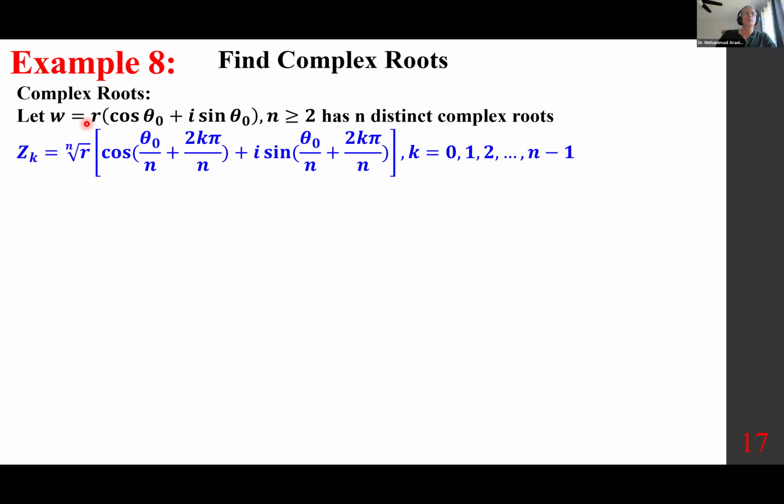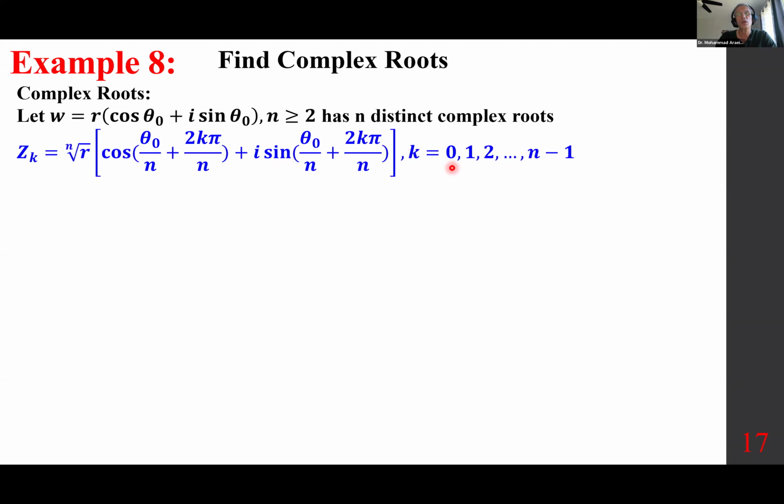We're going to let w be r cosine of theta 0 plus i sine of theta 0, and n is larger than or equal to 2, and we have n distinct complex roots. So z sub k, which is the kth root, is the nth root of r, and we are going to write cosine of theta 0 divided by n because we want the nth root, and we add 2k pi divided by n, and the same thing for the argument of sine.